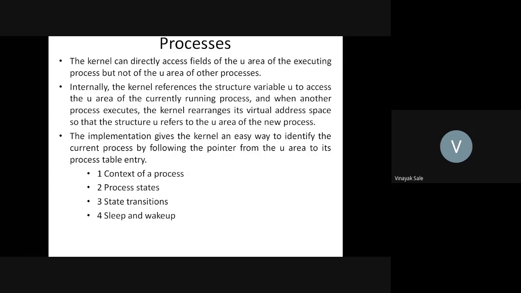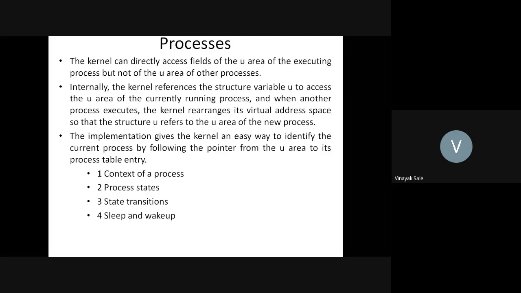So the kernel can directly access the fields of the user area for the executing process, but not of the user area of other processes. Internally, the kernel references the structure variable user to access the user area of the currently running process.